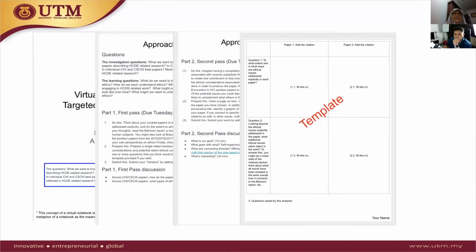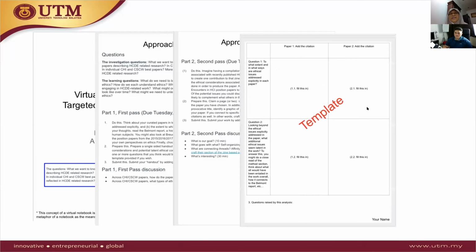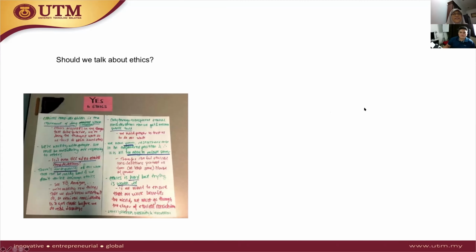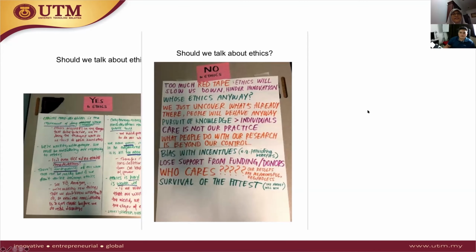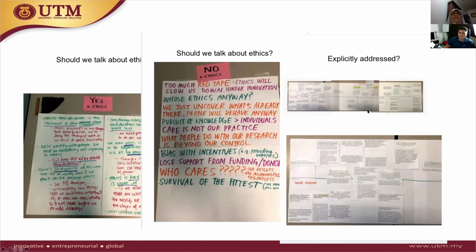She was asking them to look at research papers and how ethics is considered in them. How do they handle ethics? How do they talk about ethics? And how do they extract out the information? These are some of the discussions among the students that she monitored.